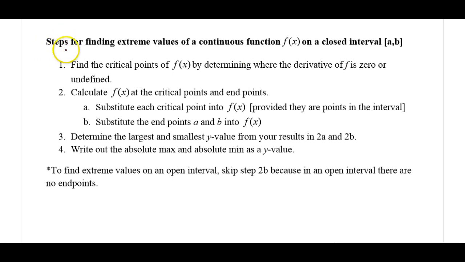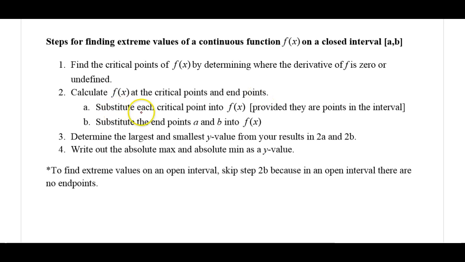So now here's a series of steps for finding extreme values of a continuous function on a closed interval a to b. So the first step is find the critical points of the function by determining where the derivative is 0 or undefined. And then what we're going to need to do is calculate the function at the critical points and at the endpoints.